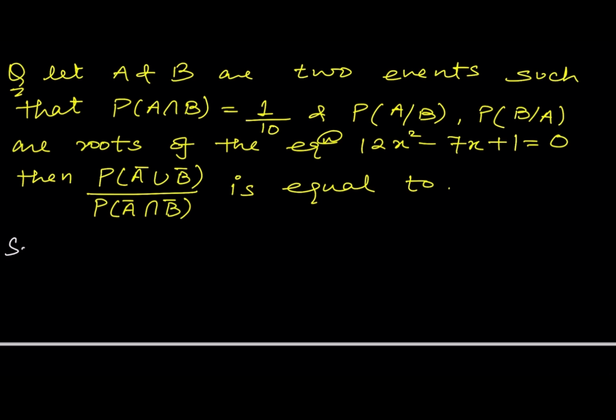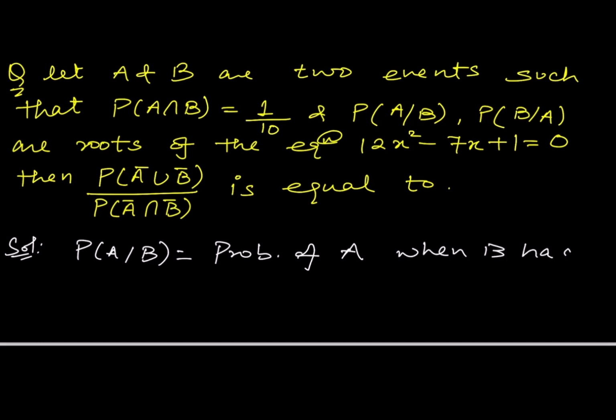So students, P(A|B), what does it mean? P(A|B) is nothing but the probability of A when B has happened. It is read like this.